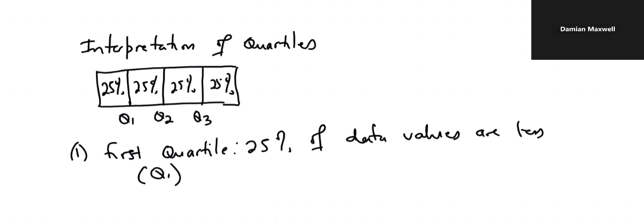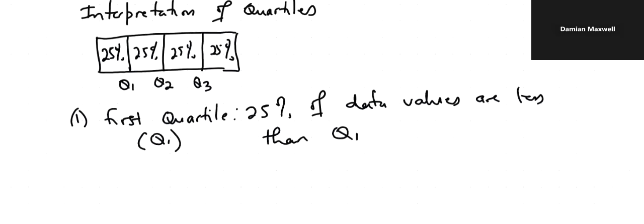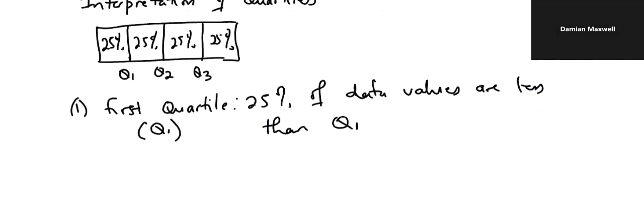All right. So when we talk about the first quartile, Q1, what we are saying is that 25% of data values are less than Q1. So that's like the 25th percentile.